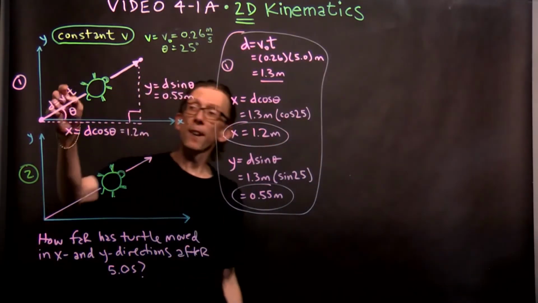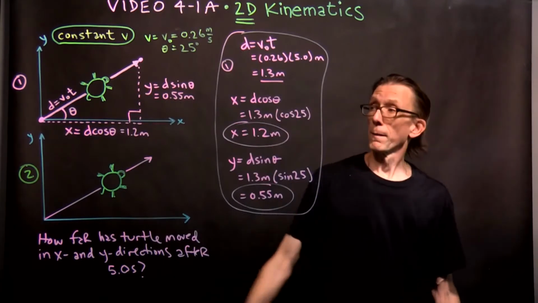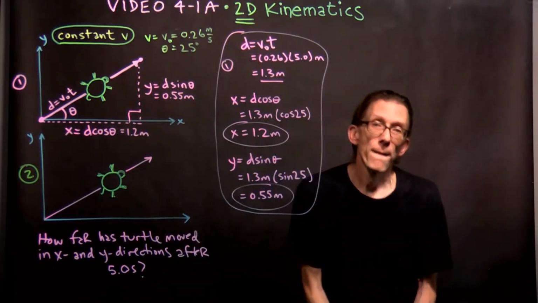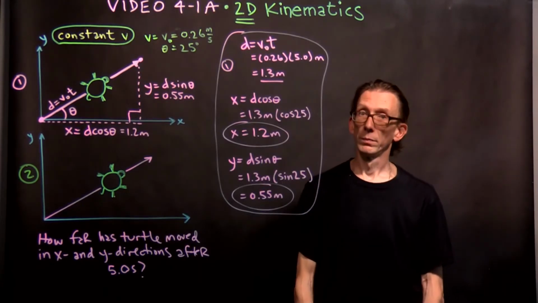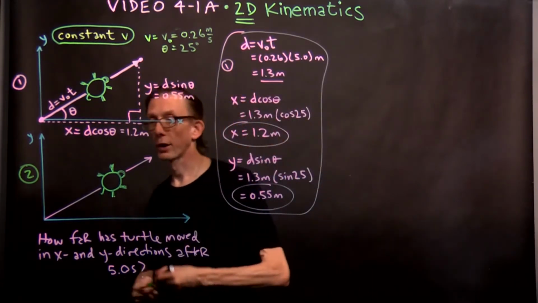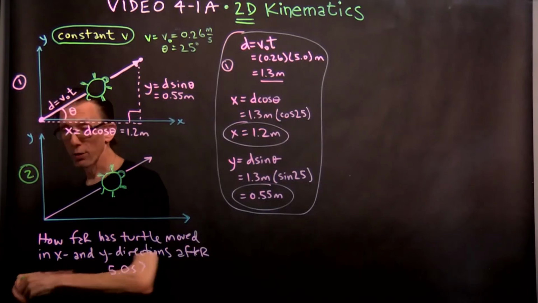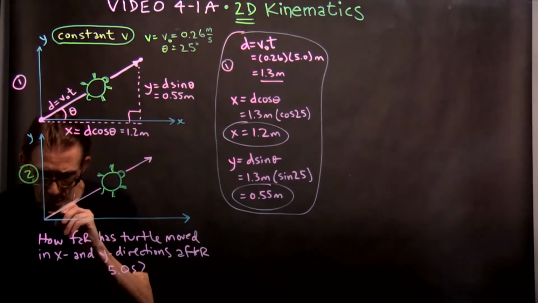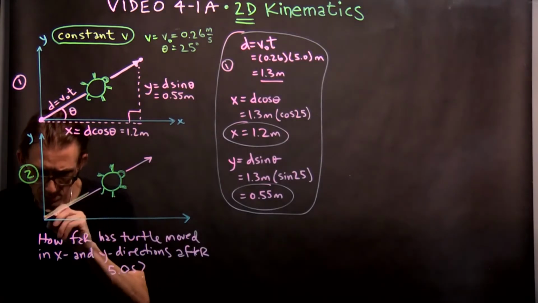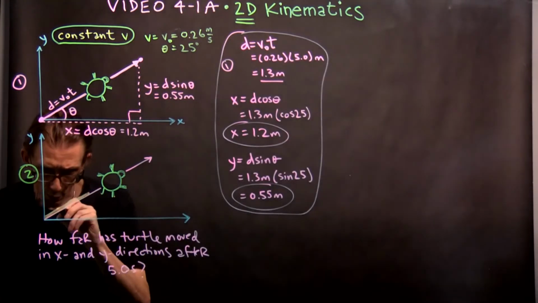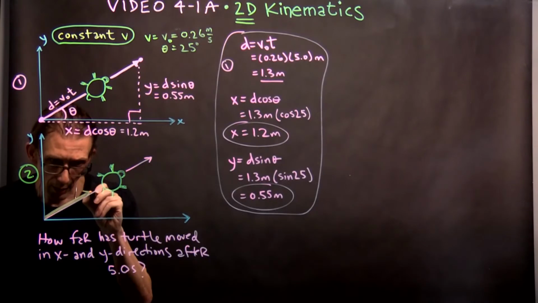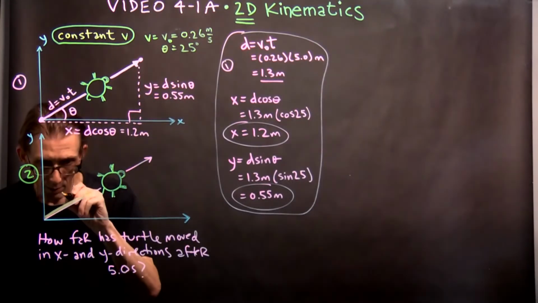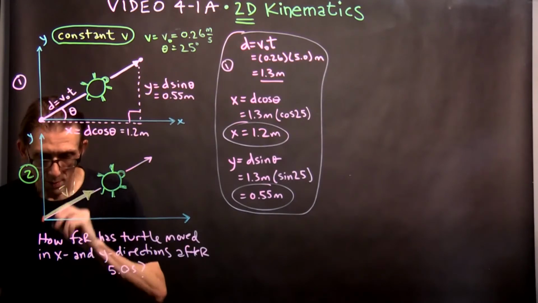Instead of thinking about a displacement vector and using this triangle here, we can think about the turtle's velocity vector. And we can draw that vector right here. I will draw it in orange. The turtle has a velocity vector right here. It doesn't really matter how long we draw it. As long as it's in the right direction, we can say this is the velocity vector.